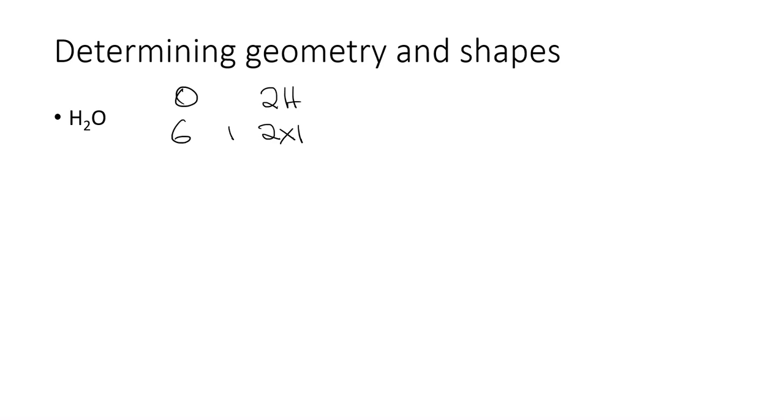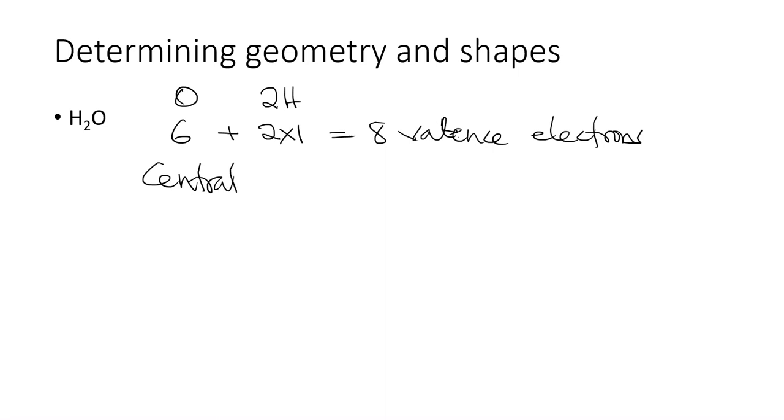If you add them, they'll give us 8 valence electrons. Now find the central atom. Here it's obvious, the central atom is oxygen because there are fewer oxygen atoms there than hydrogen.